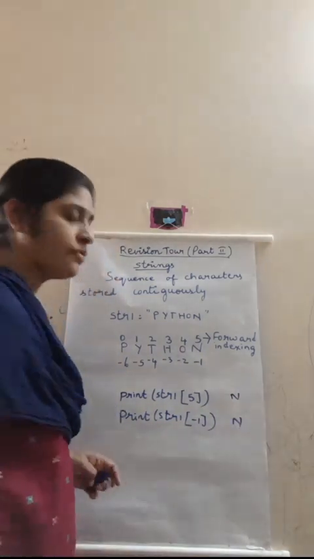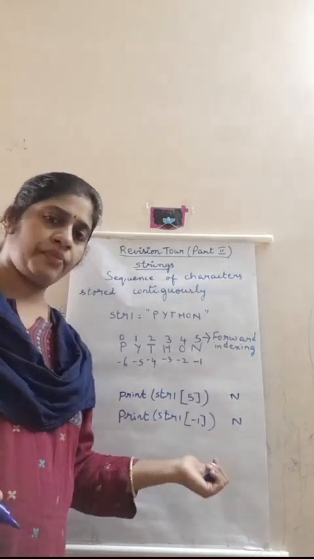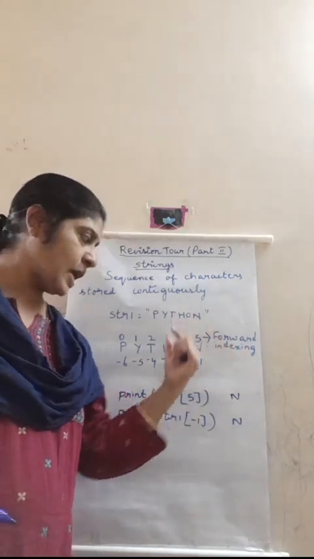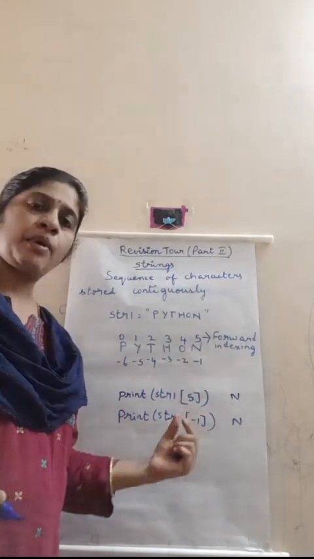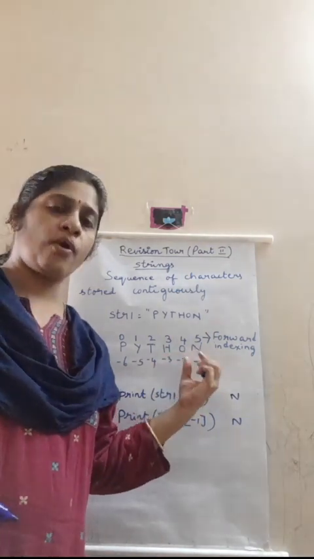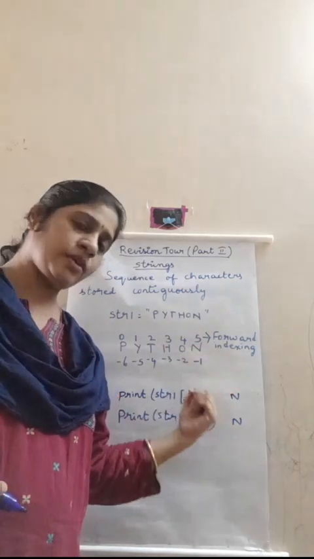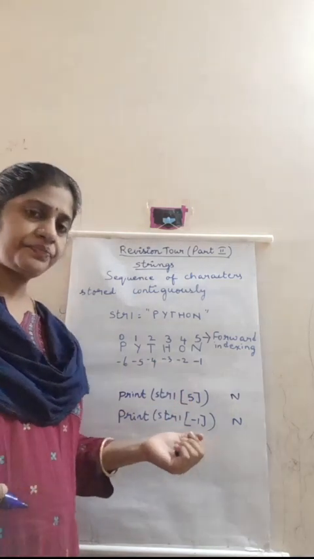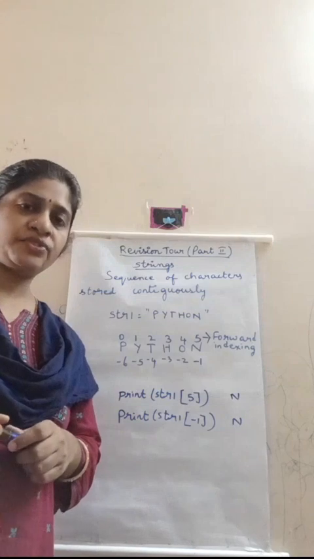Here also the answer would be n. In both the cases, the answer would be n. Either I can use forward index or I can use backward index. So this is about indexing. You can access the characters of a string using the indexes, either forward indexing or backward indexing. So this is about the basics of strings.